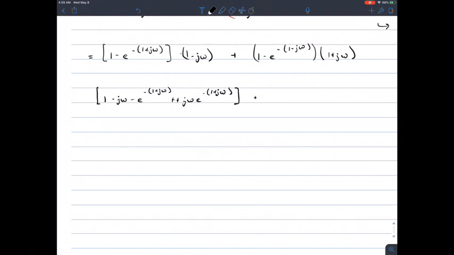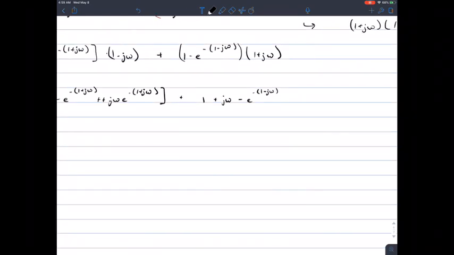Plus 1 times 1, which is 1, plus 1 times j omega is j omega, minus 1 times e, so e to the negative 1 minus j omega. Then negative e times the positive j omega is going to get negative j omega e to the negative 1 minus j omega.